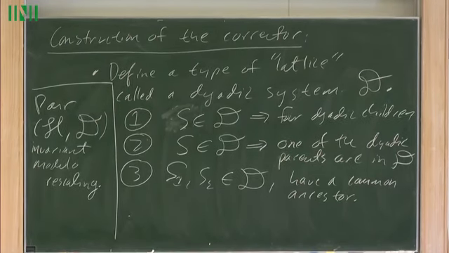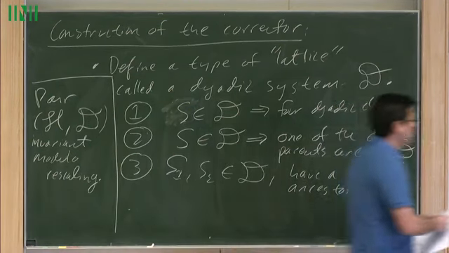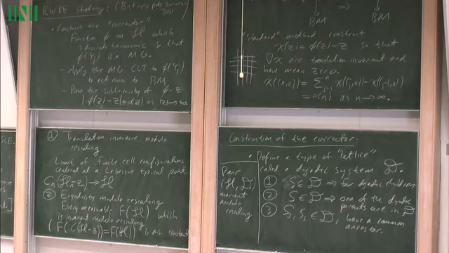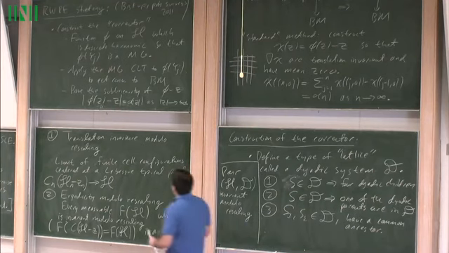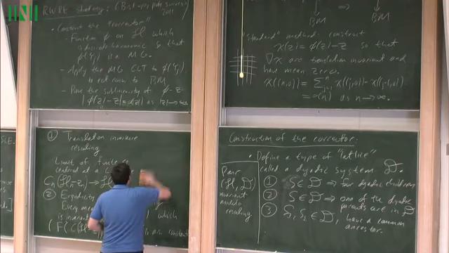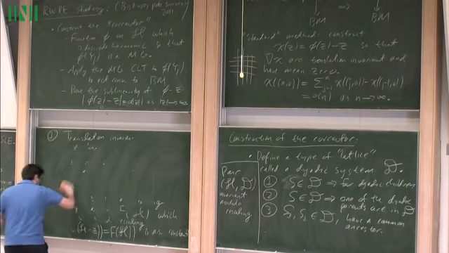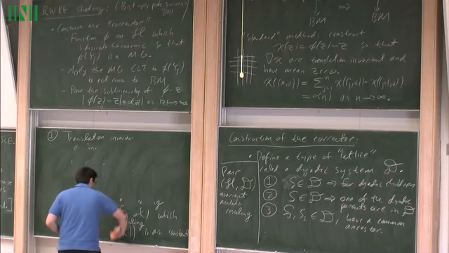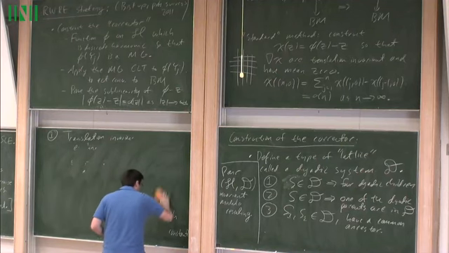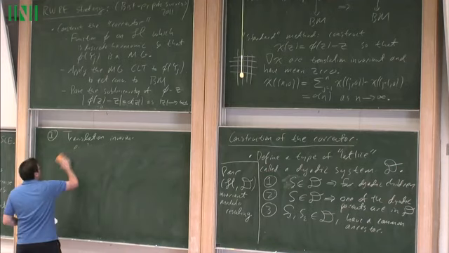Okay, and let me just finish by saying the last little bit about how the corrector is constructed. So what you do is you're going to start off with the identity map.